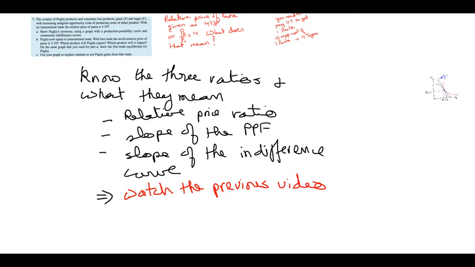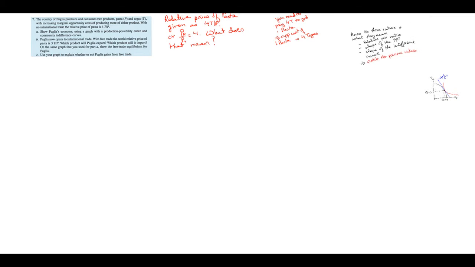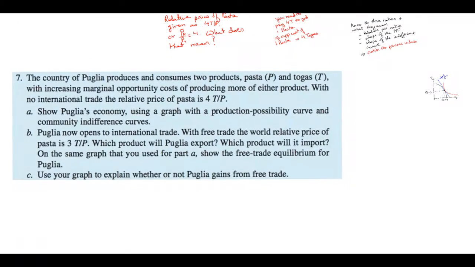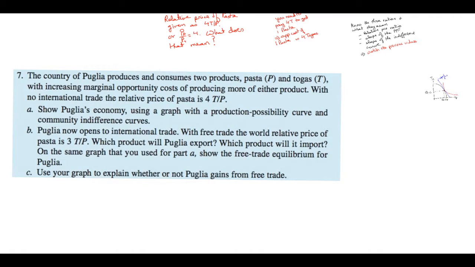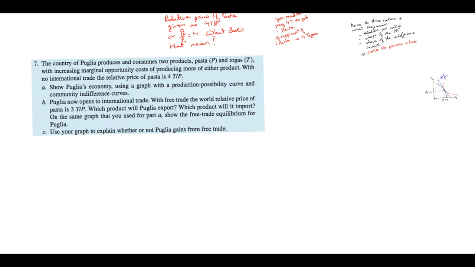So now with this understanding of what the slopes or ratios are, let's get back to the question. The question gives us the relative price of pasta in terms of togas as 40 over P. What does that mean?